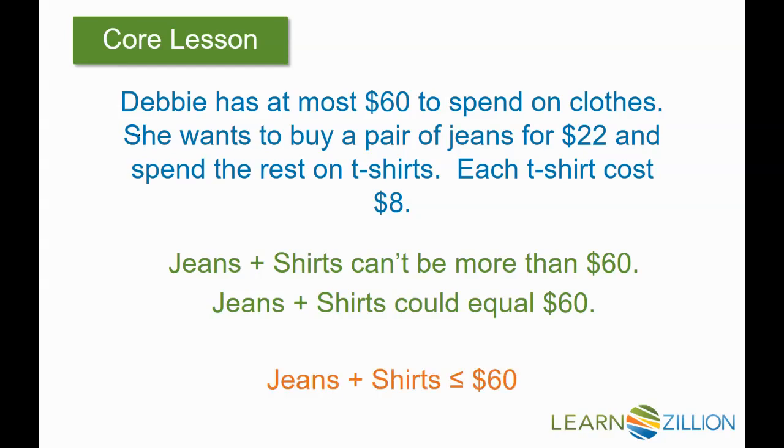But we also know that the cost of the jeans plus the cost of the shirts needs to be less than or equal to 60. Now here's where the at most comes in again. At most means that whatever she spends must be less than or equal to this amount. $60 has to be more than the cost or equal to the cost so that she stays right on budget.